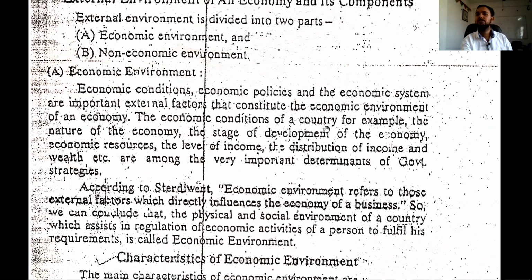For the economic environment we need to understand economic activity. The economic environment consists of factors which affect the cost and the profit of the company. For example, here it is given that economic conditions, economic policies, and the economic system are important external factors that constitute the economic environment of an economy. The economic conditions of a country include the nature of the economy, the stage of development, economic resources, level of income, and the distribution of income, meaning the factors which affect profit and the total wealth of the company, and the income distribution of the government and the whole country. Take, for example, taxation policy. The government decides the taxation policy.